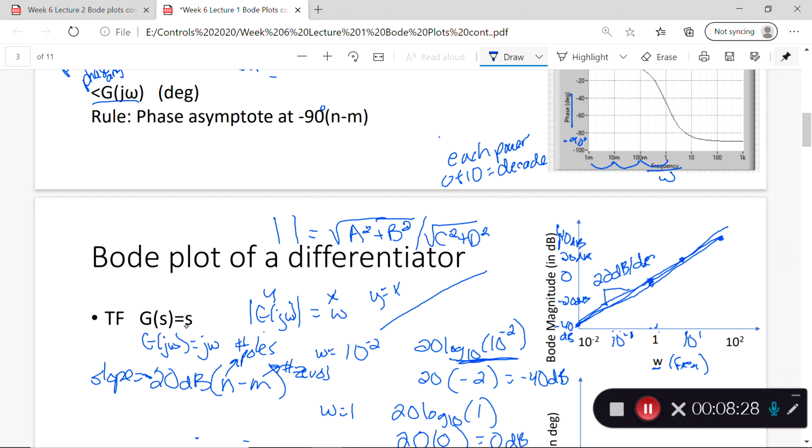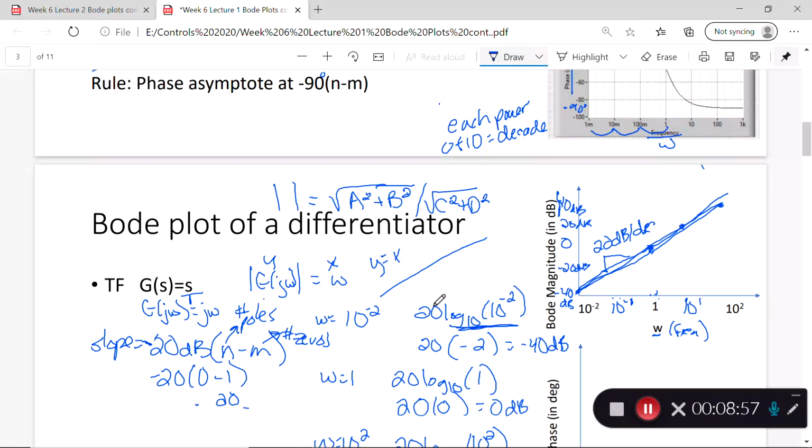In this function, I have no poles. I have no denominator, so there are no values of s that would make the denominator 0, which is a pole. So I will have negative 20 times 0. I have 1 zero, though. This is like my numerator, if I put it over 1. This would be the same thing as a fraction over 1. So I could say I have 1 zero, which means I have negative 20 times negative 1, which is positive 20, so hence a positive 20 slope.